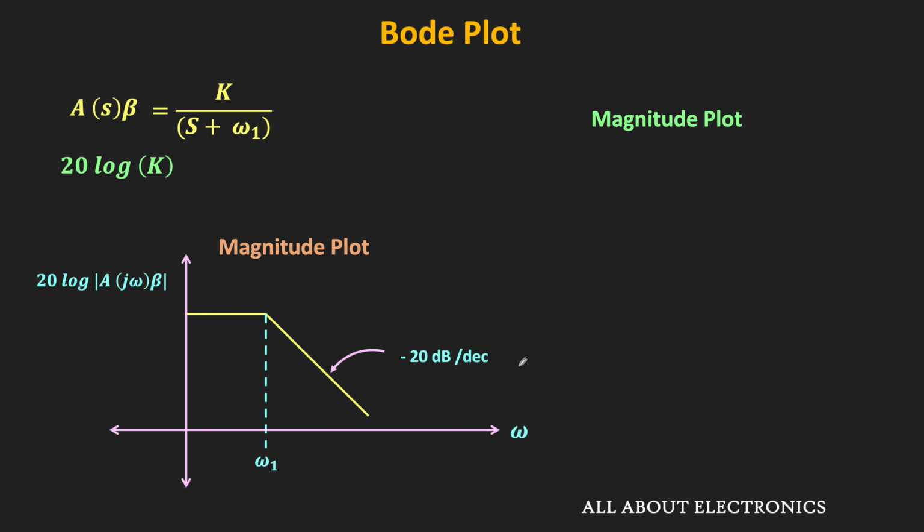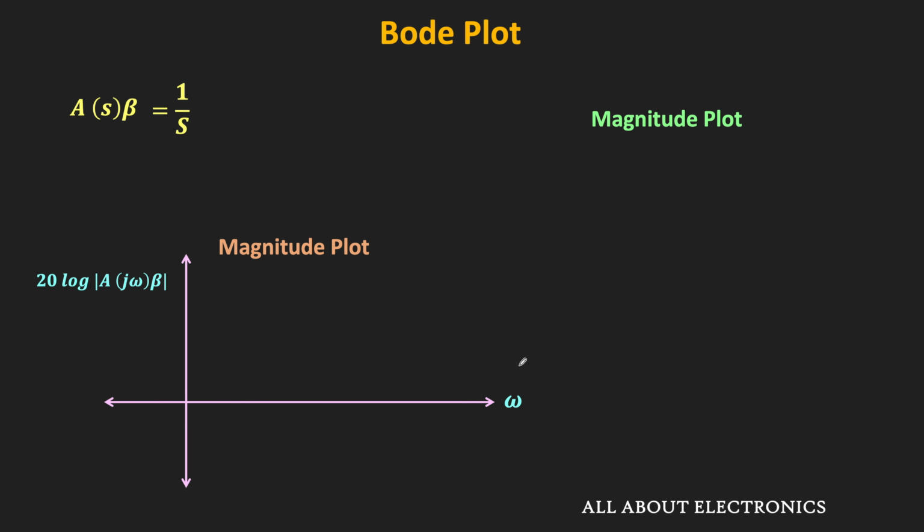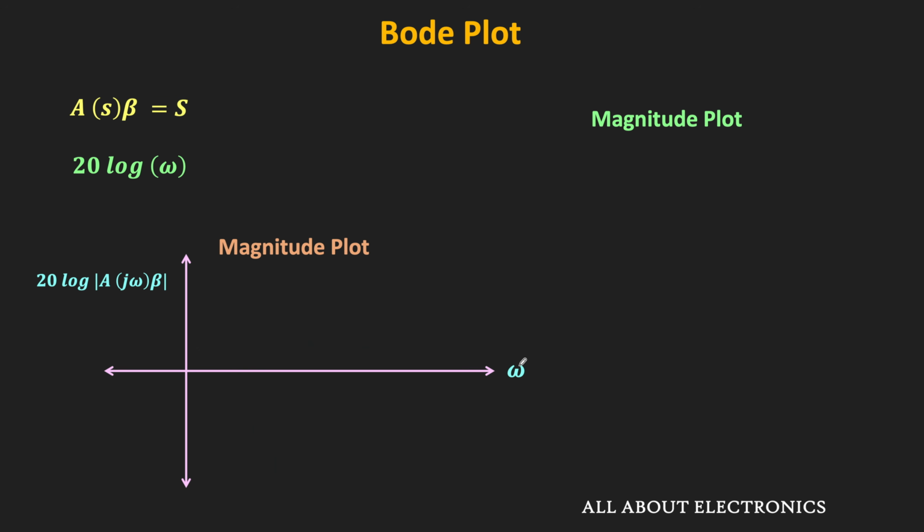If in the expression of A beta we have a pole at the origin, then from omega equal to 1 onwards, the amplitude will reduce at the rate of 20 dB per decade, and at omega equal to 1, the amplitude will be equal to 0 dB. Similarly, if we have a simple zero at the origin, then as we go forward from omega equal to 1, the magnitude of the plot will increase at the rate of 20 dB per decade.